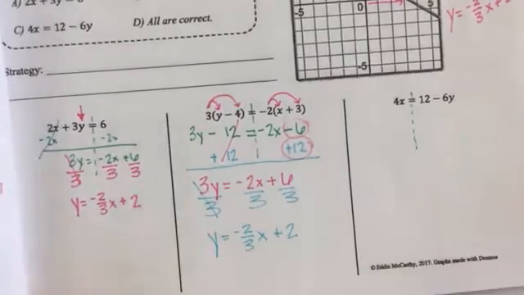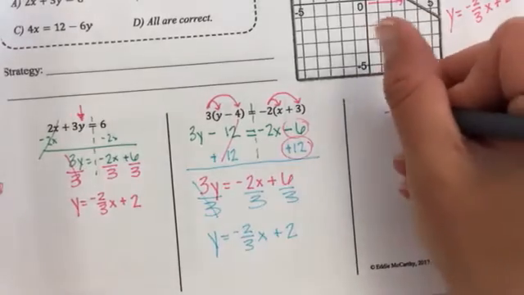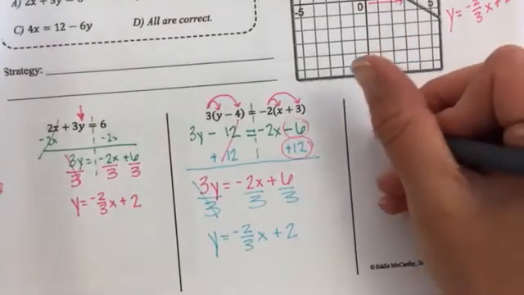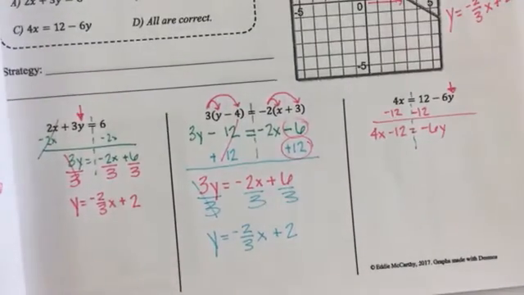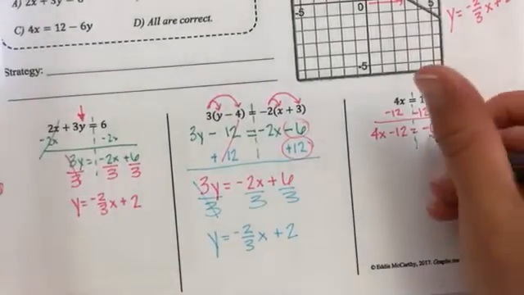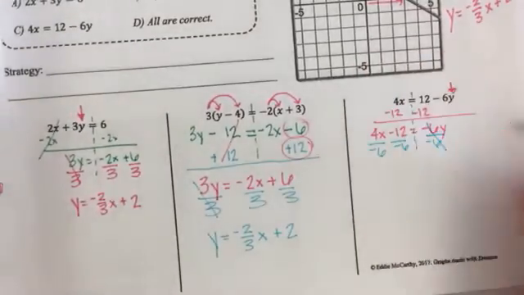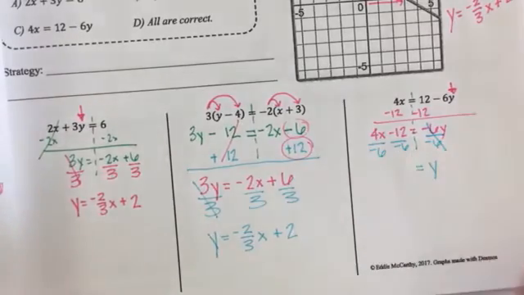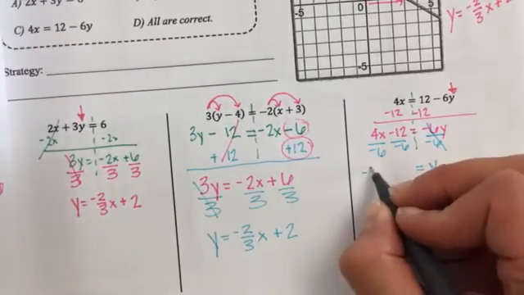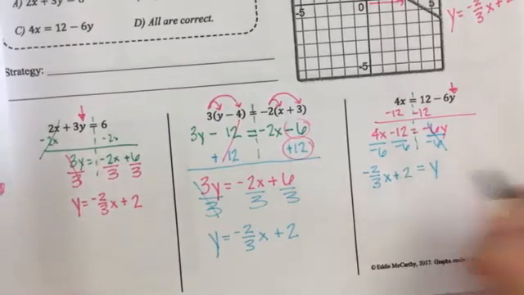Okay, last one. I want the y by itself, so I'm going to move the 12 to the other side first. I'm going to minus the 12, so I get 4x minus 12 equals -6y. To get the y alone, I divide everything by -6. So even though I'm working on the other side of the equation, it doesn't change anything. We can do that. Okay, -4/6 reduces to -2/3. -12 divided by -6 is a +2.